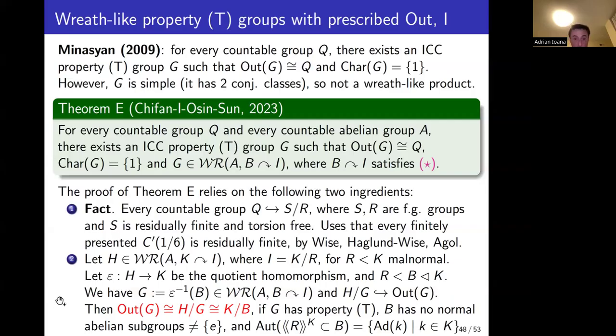So I won't say more about that, but those are the two main ingredients: a calculation of automorphisms and this geometric group theoretic fact that I mentioned above. Okay, so once again, what theorem E says is that there are Wreath-like products that satisfy our previous result, theorem D, and moreover have prescribed outer automorphism groups and trivial character groups.